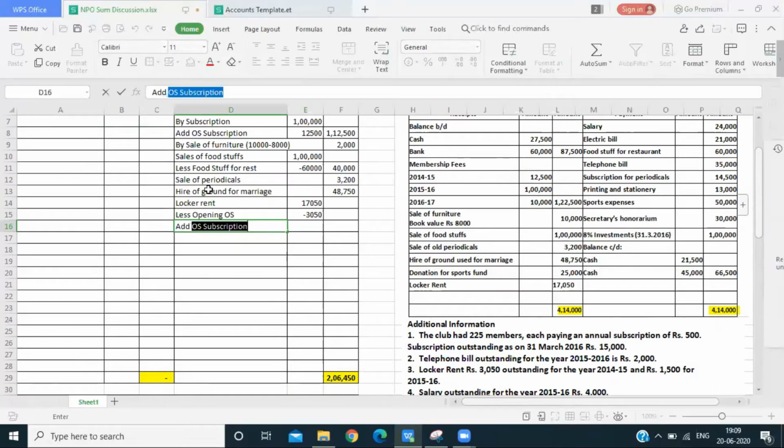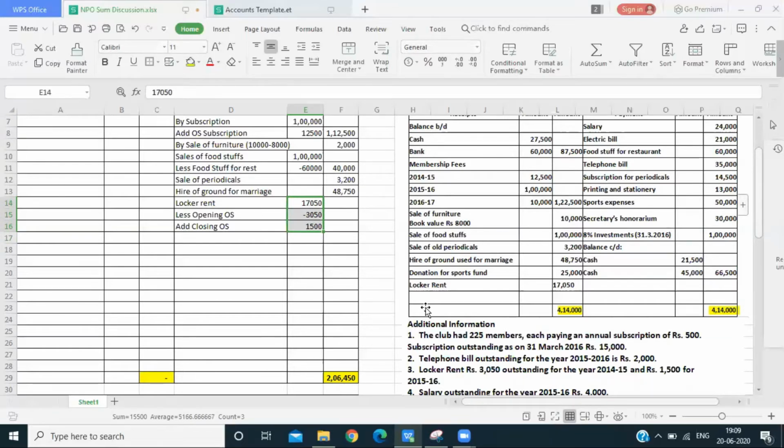And we have to add the closing outstanding. The closing outstanding is 1,500, which means there is still 1,500 rupees outstanding for the current one. So in total, we will be accounting 15,500 as current year income.